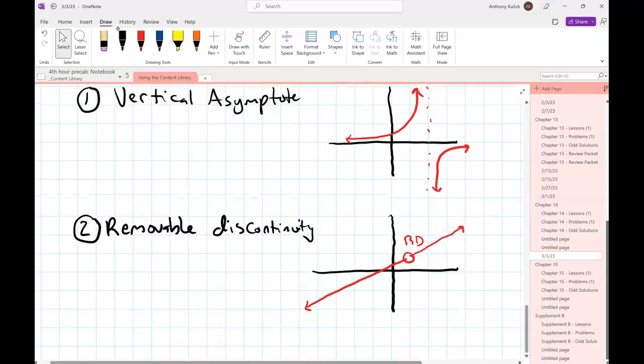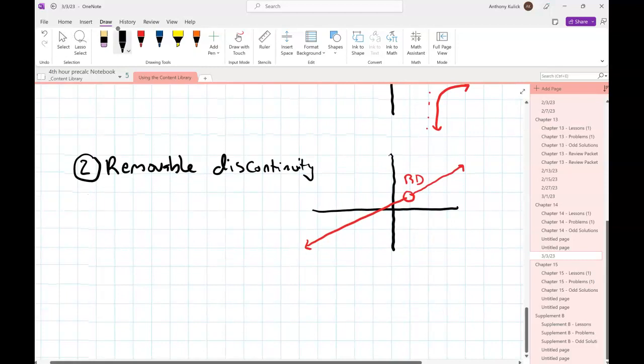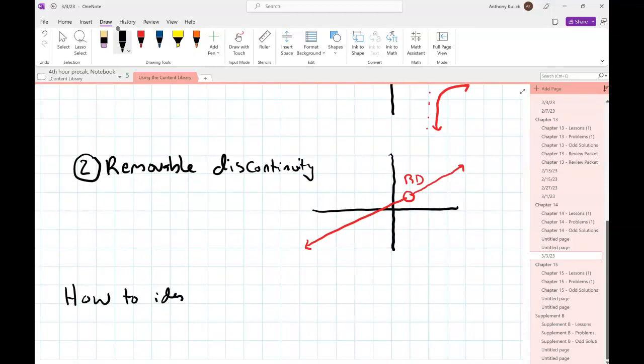Okay. So let's talk about how to find these. And when I talk about how to find these things, we're talking about doing this without having to graph it, right?